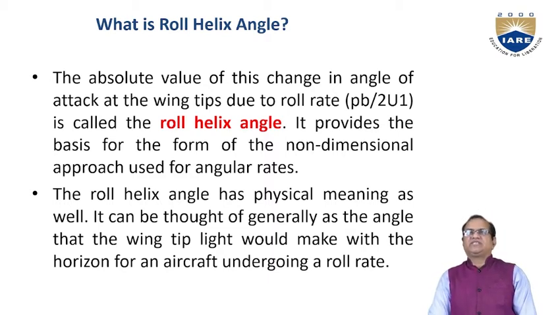Now I am going to discuss the roll helix angle. We have seen that at the wing tip, there is a change in angle of attack from the right wing to the left wing. This alpha, pb by 2u1, is called the roll helix angle.